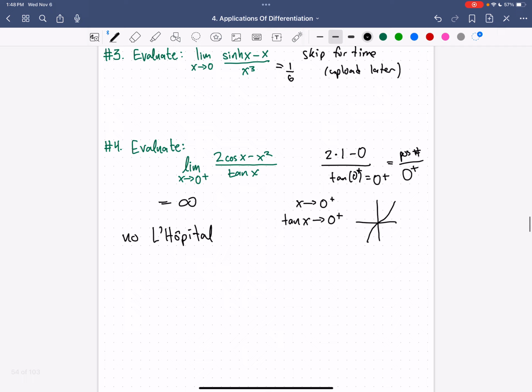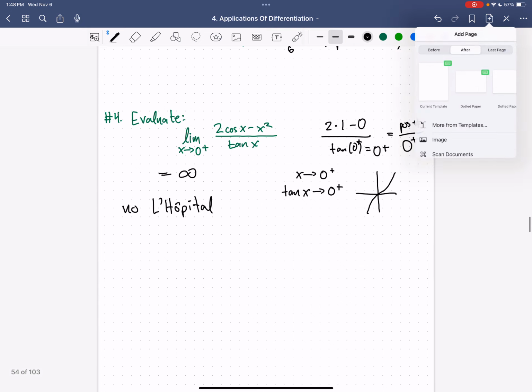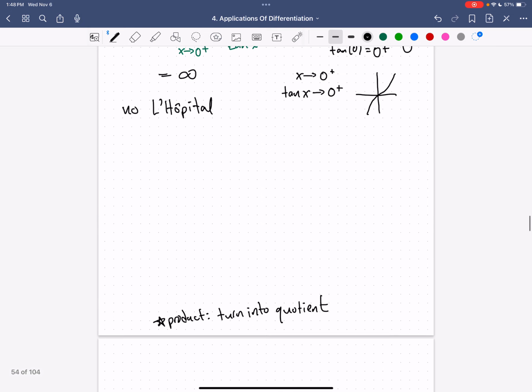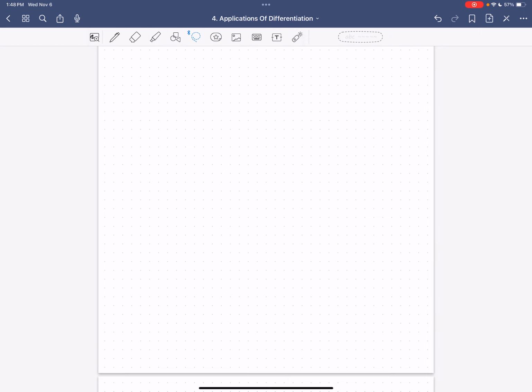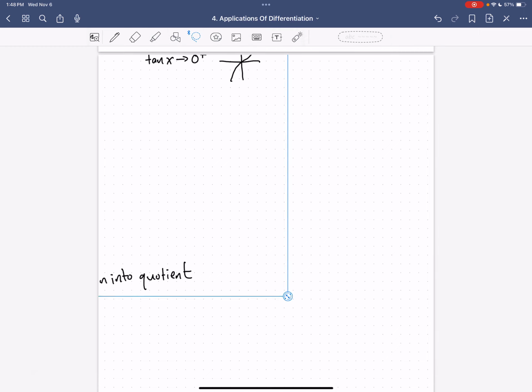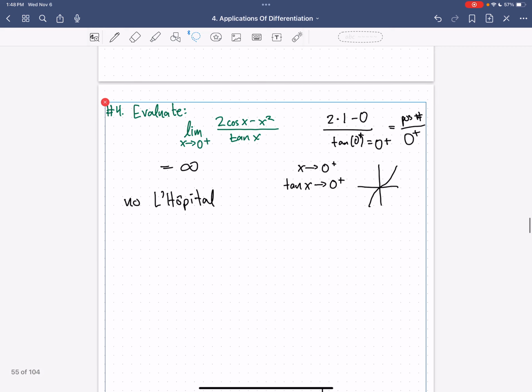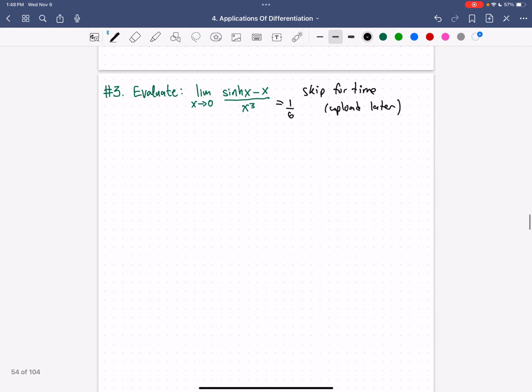Okay, there's number 3 here. We're looking at the limit as x goes to 0 of sinh x minus x over x cubed.